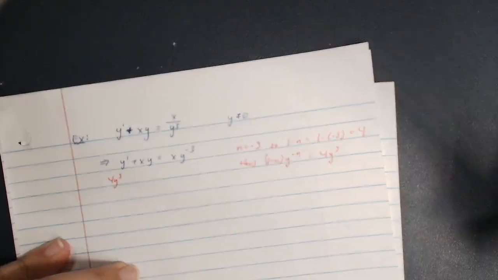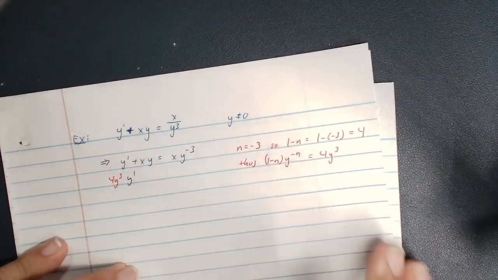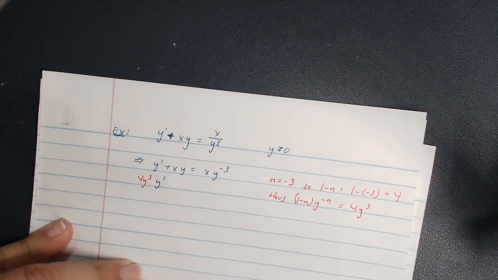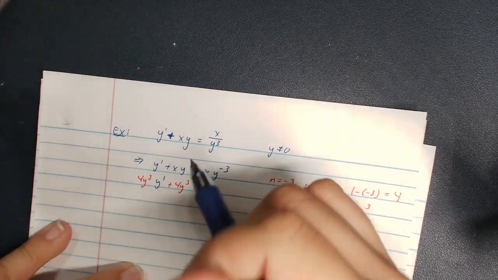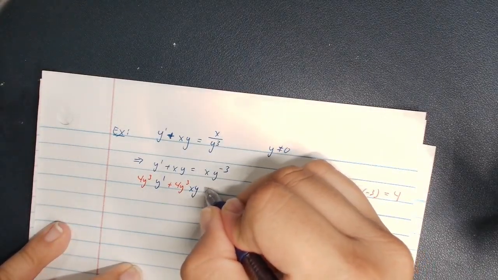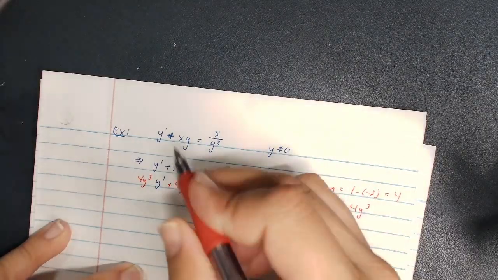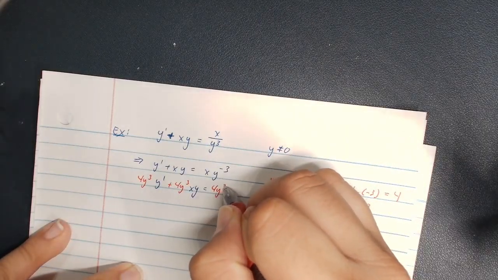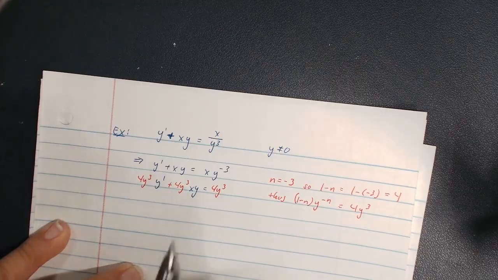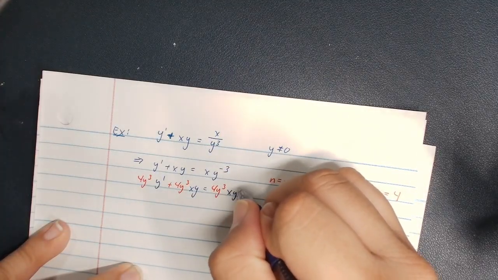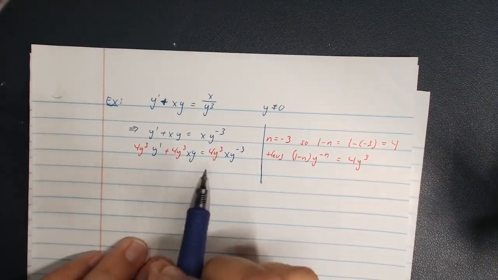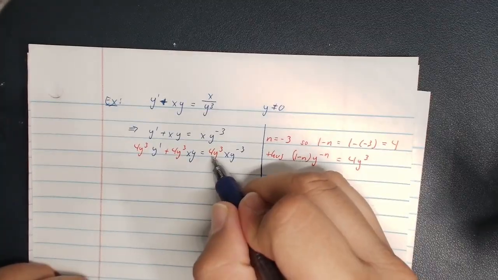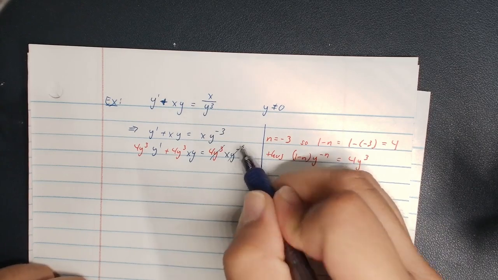So 4y to the third power times y prime plus 4y to the third power times xy is equal to 4y to the third power times x y to the negative third power. All right. Here, these two cancel out. Y to the third and y to the negative third.